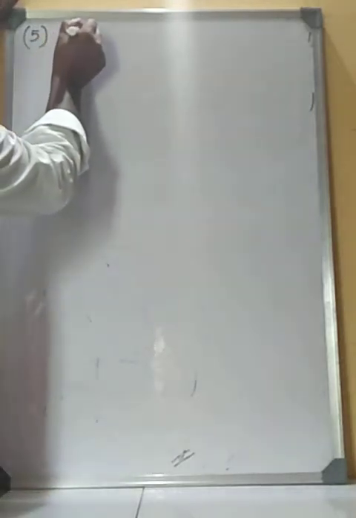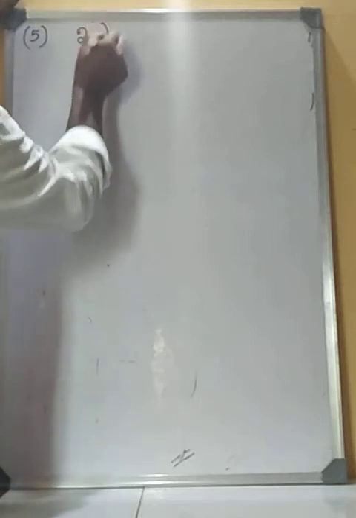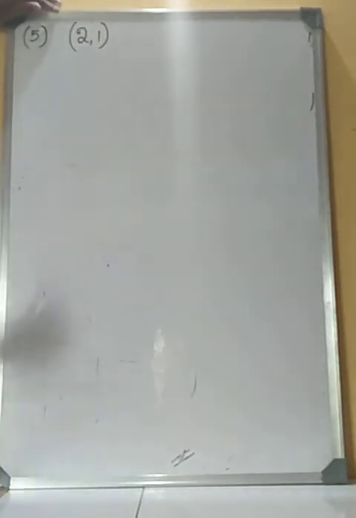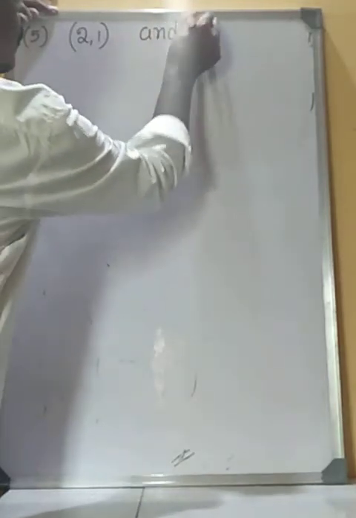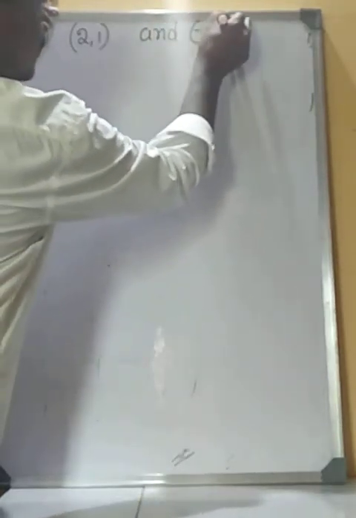The next example, example 5. Find the scalar and vector components of the vector with initial point (2, 1) and terminal point (-5, 7).